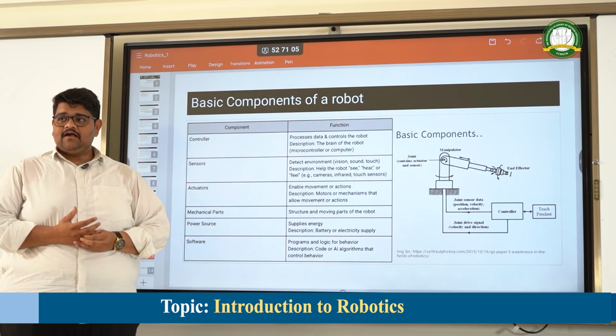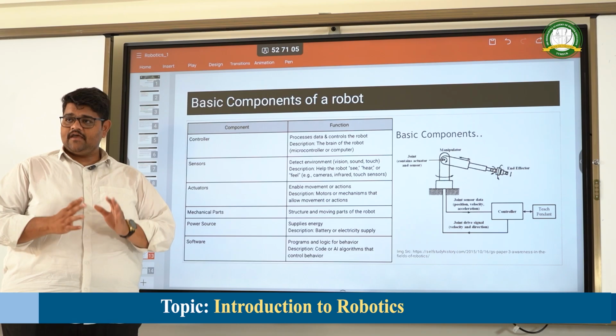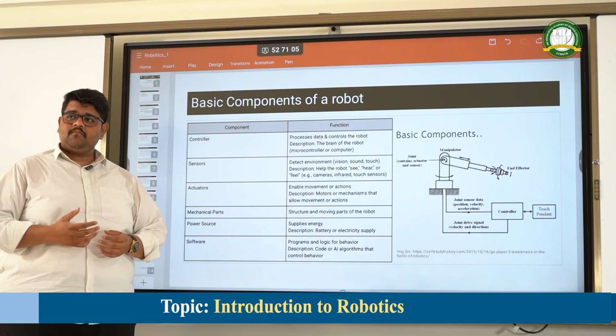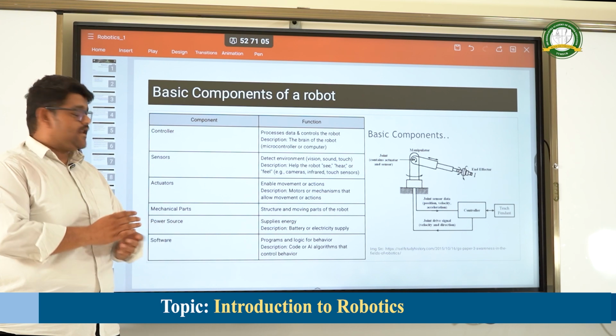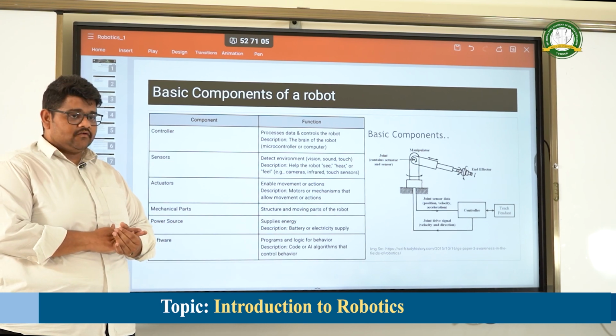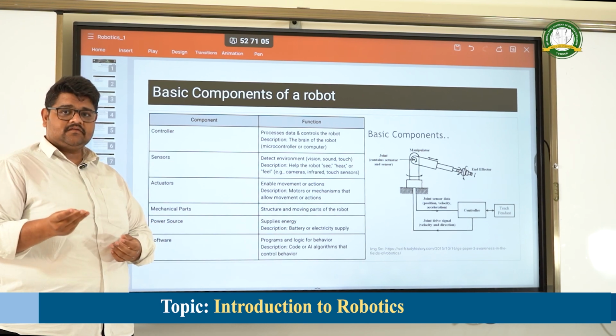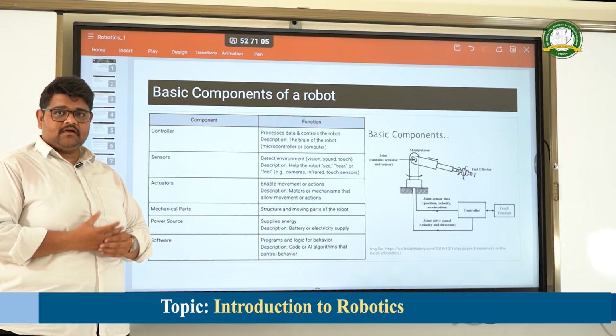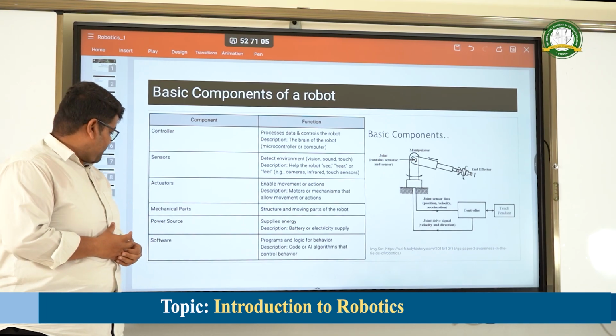Actuators are like the muscles of a robot, which help the robot's movement and help robots to perform actions. Mechanical parts are the structures such as rigid links, joints, all the mechanical components that build a robot.